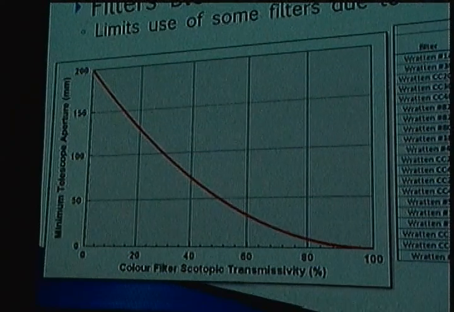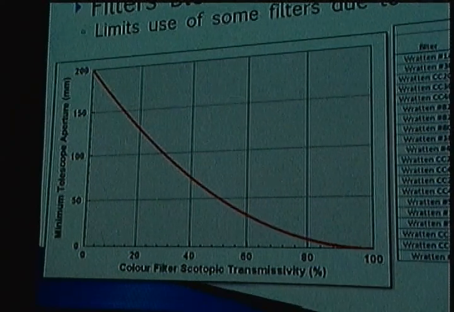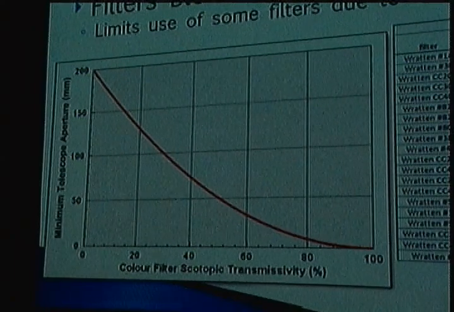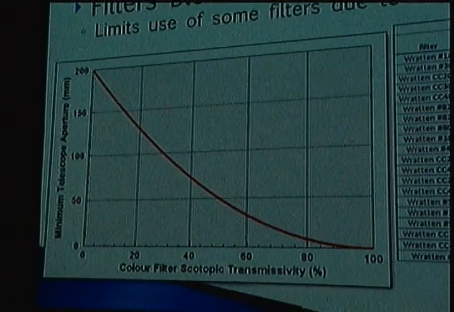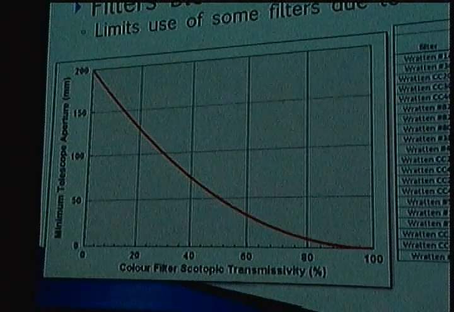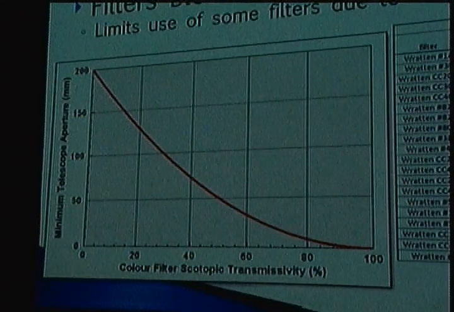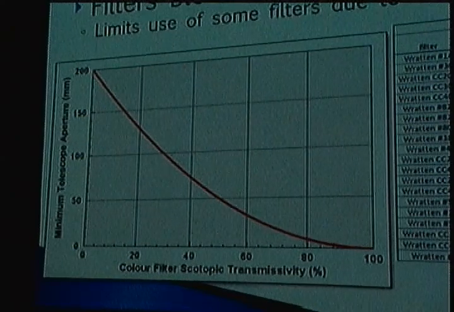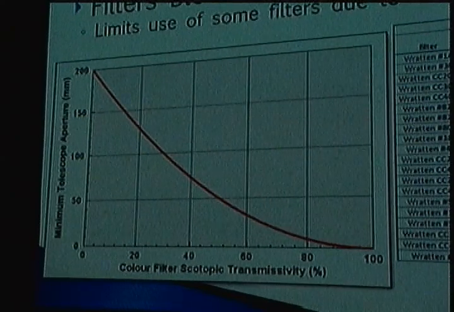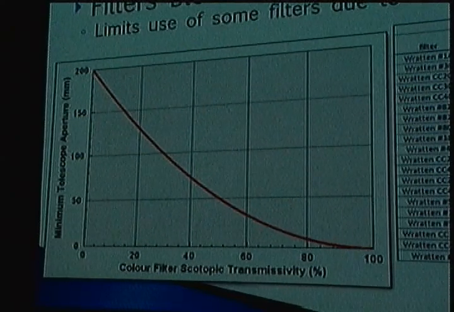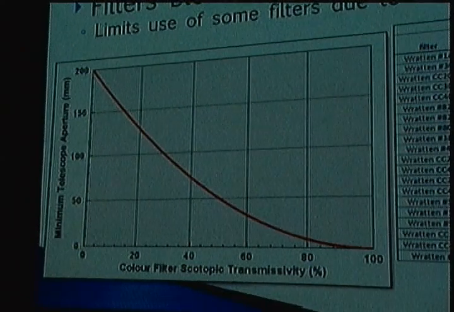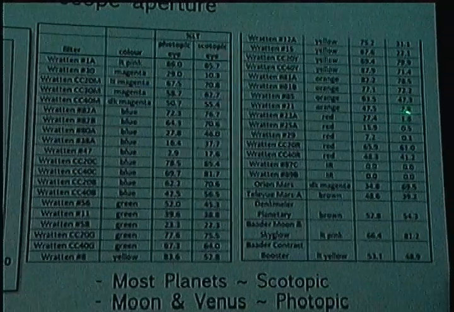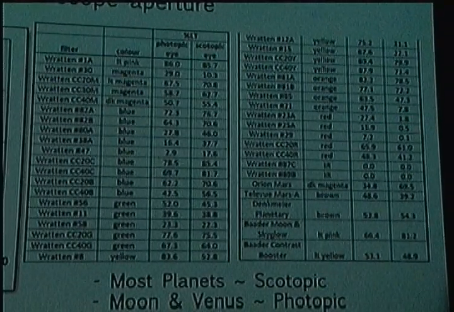Now, if you're looking at a darker object, like one of the planets, Mars, Jupiter, Saturn, quite a bit dimmer, your eyes are not going to be fully adapted to the light. It's going to be somewhere between photopic and scotopic. For sake of argument, let's just assume that your eyes are dark adapted when you're looking at the planets. So the percent LT for that number 23 filter is only 1.8%.